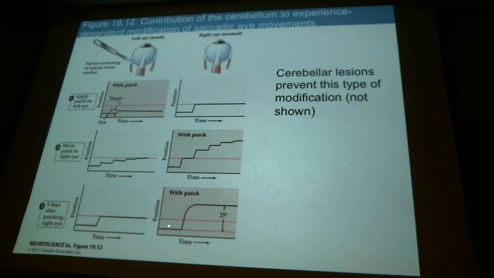Okay, and so after time, this gain on the signal has gone up, but it's gone up on both sides, so you see this overcorrection, this overshooting in the right eye. Okay, so that's what's going on. And the evidence that you need your cerebellum is if you take away your cerebellum or you damage the cerebellum, you can prevent this type of motor learning. Okay.